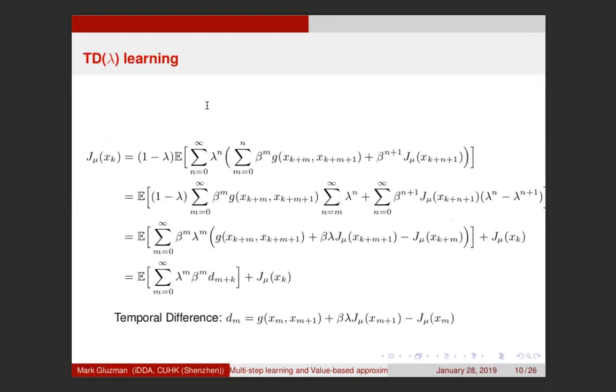Is there something wrong here? If you look at this equation, you have J mu xk on both sides of the equation. So you mean that we have G mu xk on the left side and G mu xk on the right side? Right. Is there a weighting factor somewhere?